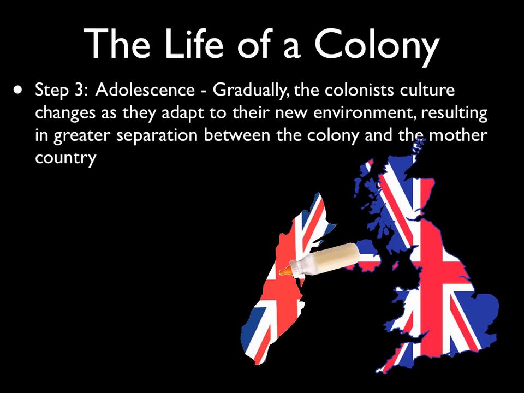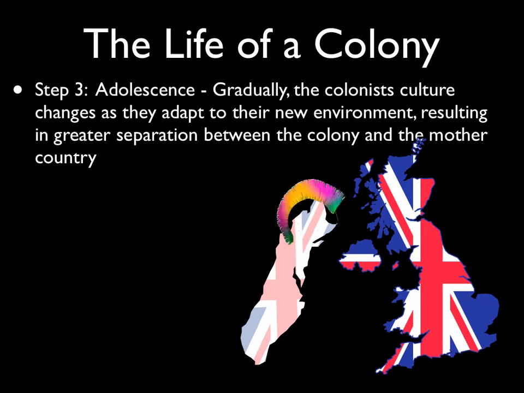The step 3 in the life of a colony is similar to teenage adolescence. Gradually, the customs and cultural practices of the colonists bring with them to the colony begin to evolve and change. The colony may start to listen to rock music, and it may grow a mohawk or get a nose ring or maybe a tattoo.